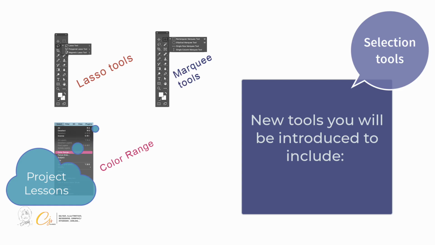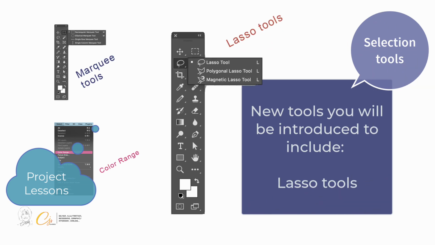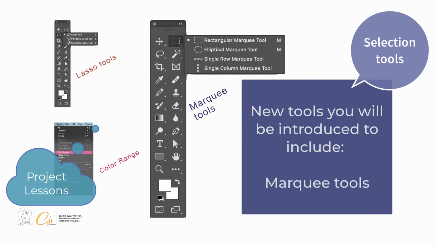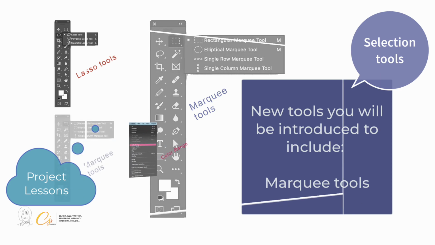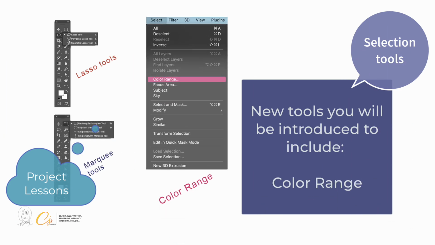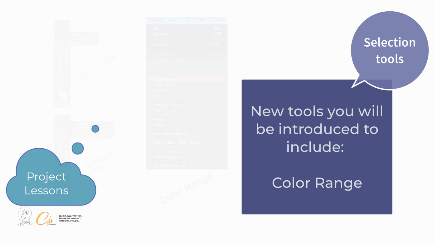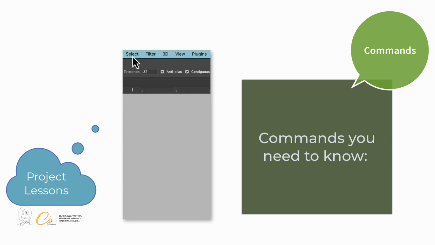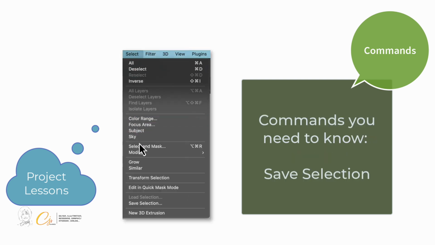The new tools you will be introduced to include lasso selection tools, marquee selection tools, and the color range selection. Additional operational commands you will be introduced to include save selection and load selection.